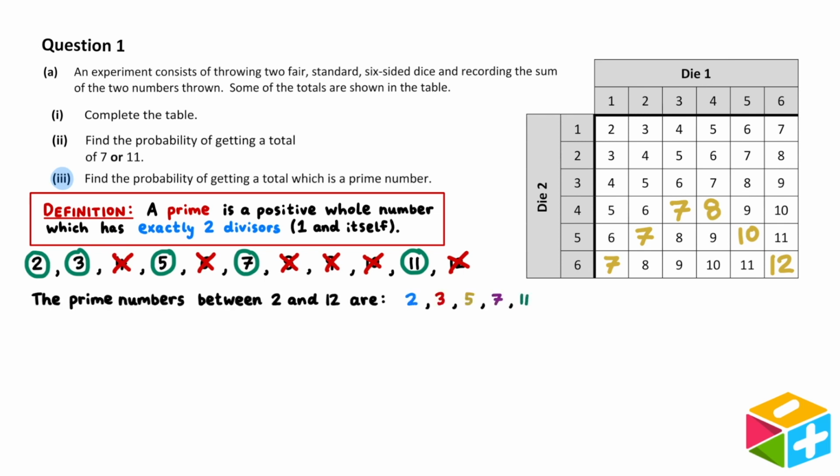So the prime numbers between 2 and 12 are 2, 3, 5, 7 and 11.